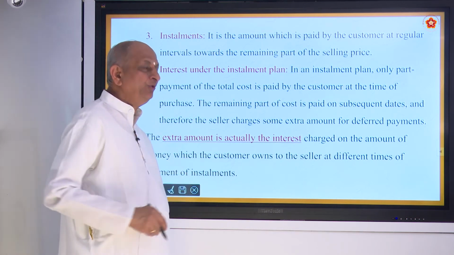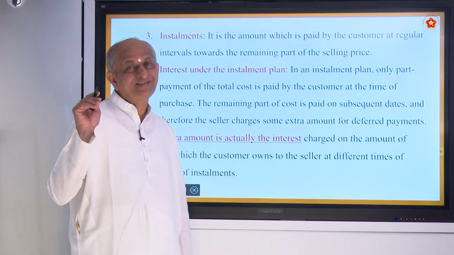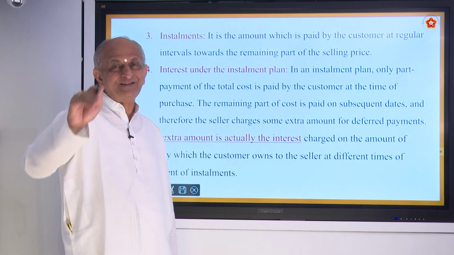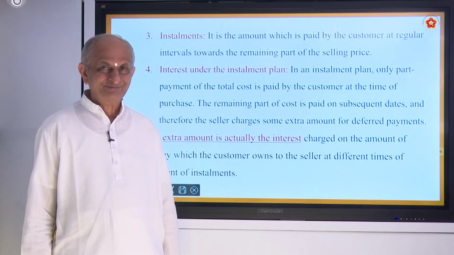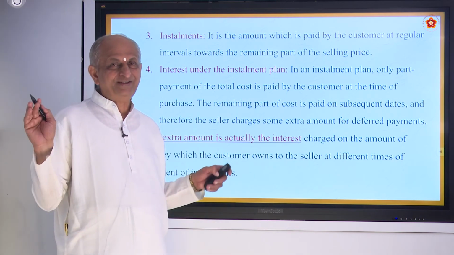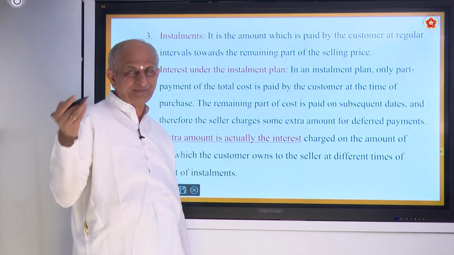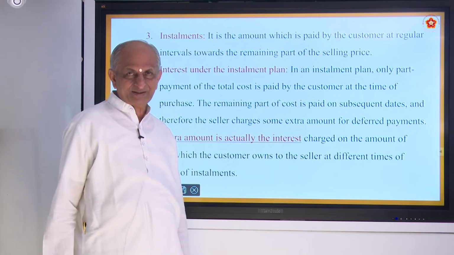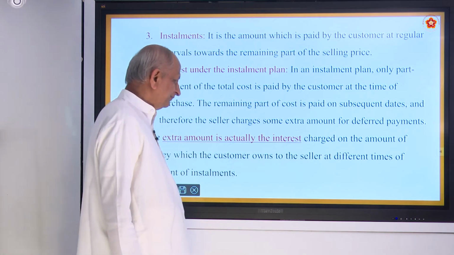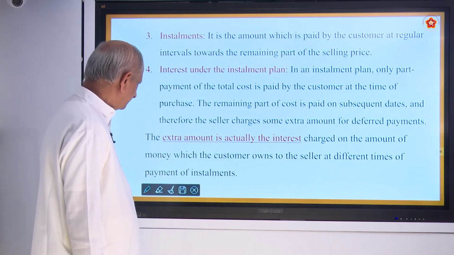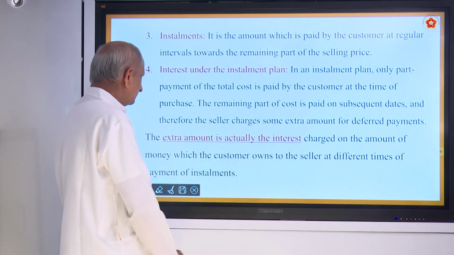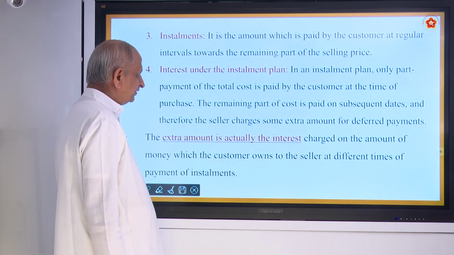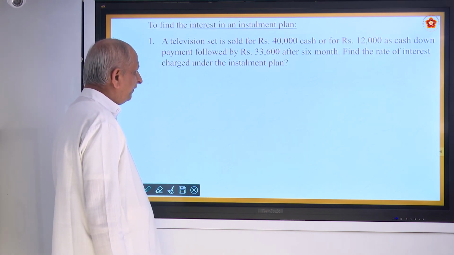It applies to costly things only, not for a pen, pencil, scale, rubber, etc. Mind it. Only costly things, more than 1 lakh, more than 10 lakhs, like refrigerators, TVs and all. In such cases only it happens.